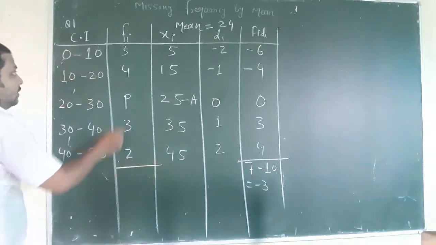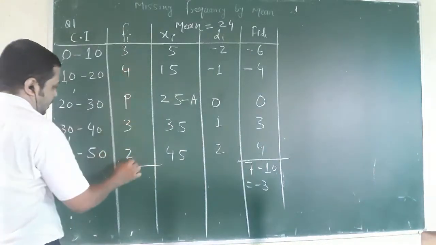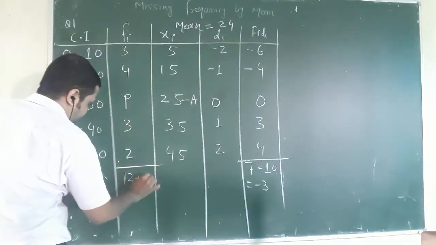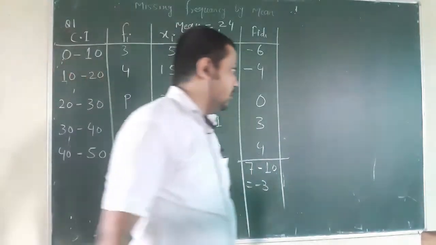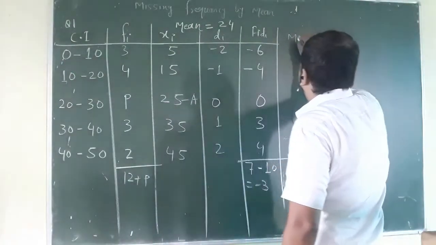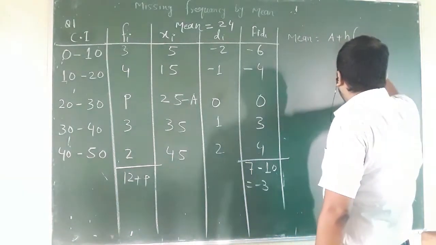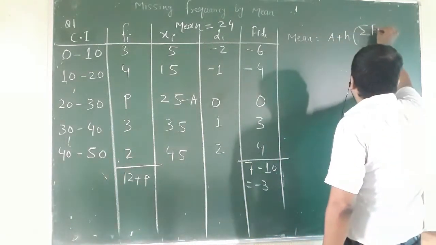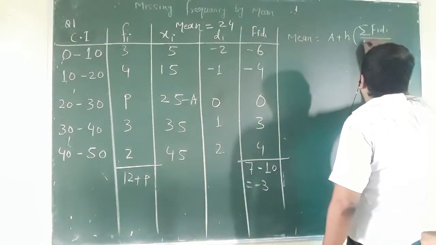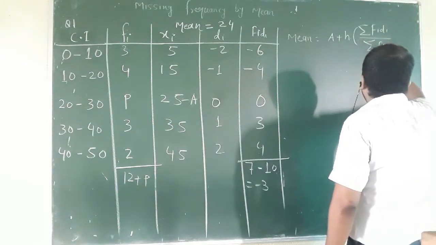Add up this one, 3, 4, 7, 7, 3, 10, 10 to 12, 12 plus p. Now the formula for finding the mean is a plus h times the sum of fi di divided by the sum of fi.